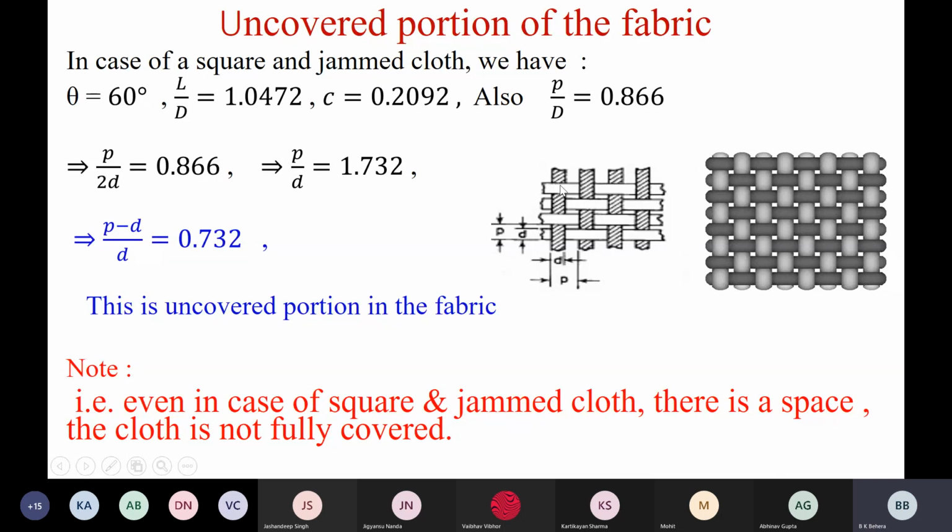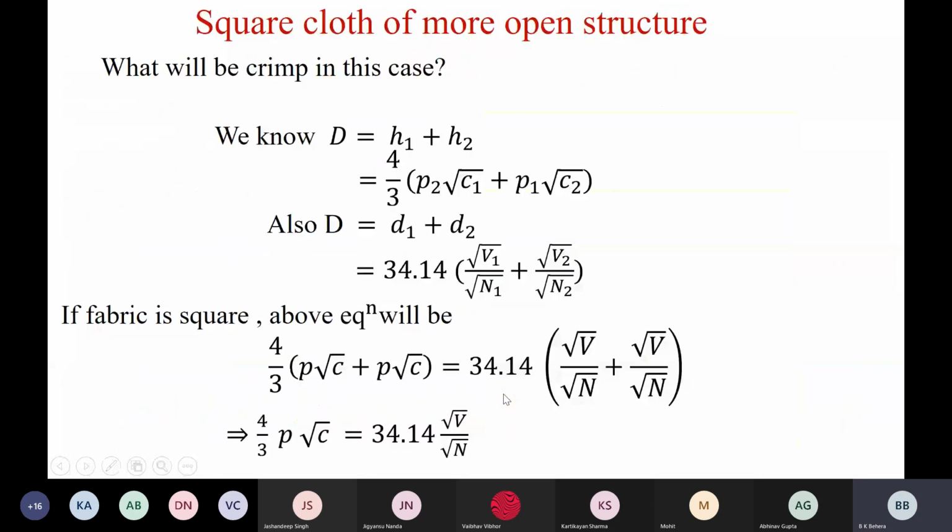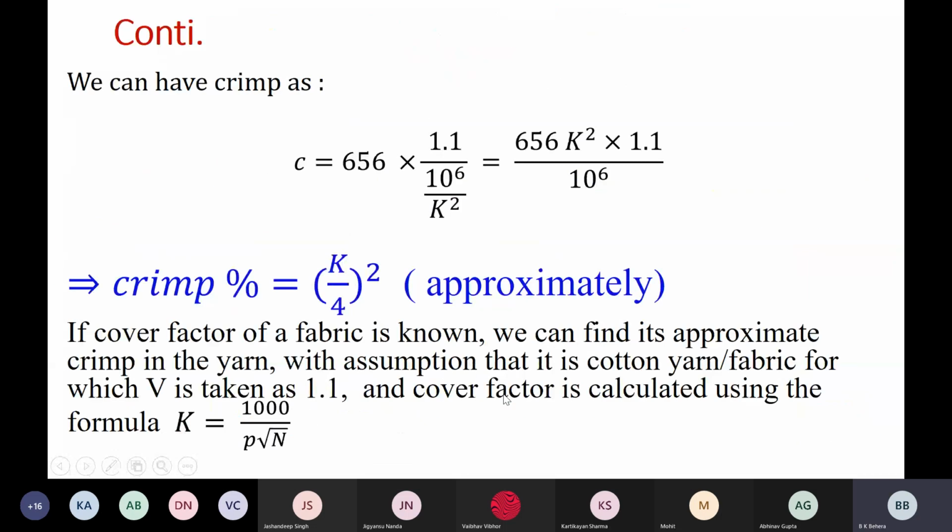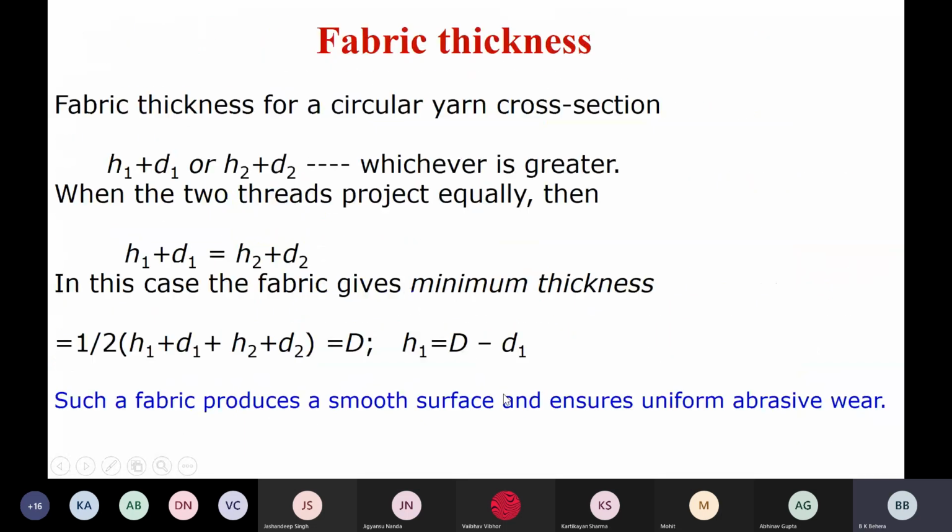Look at my cursor, it is considered twice while taking the cover. Cover is nothing but the area occupied by yarn over the total area of the fabric. We are considering this area twice, because once we are taking it for warp, once for weft, but this is a common area. So to subtract it once, we take this, and I will give you the formula, the exact calculation. You will find how it is coming.